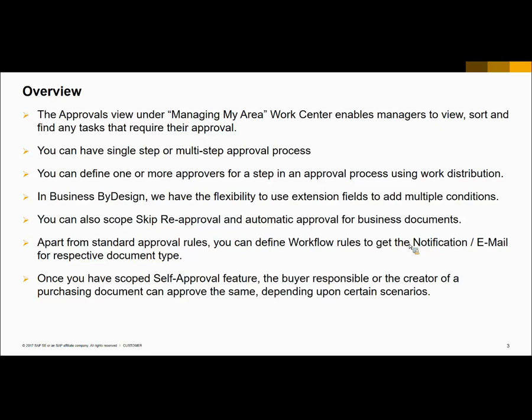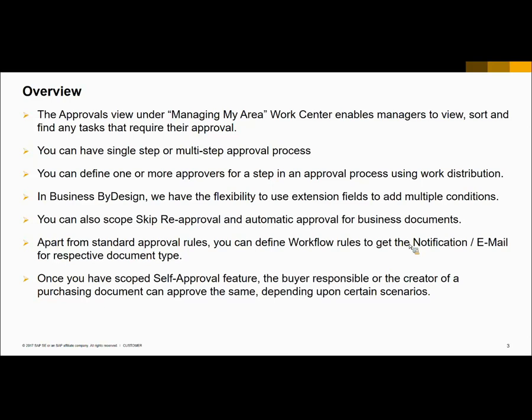What is multi-step approval process is you can define multiple rules in one rule. Say for example, you can define approval by cost assignment, approval by the reporting line unit manager. You can define a set of rules and you can trigger the approval process for the respective business document. You can define multiple approvers in a single step or in multiple steps. So that flexibility we have provided.